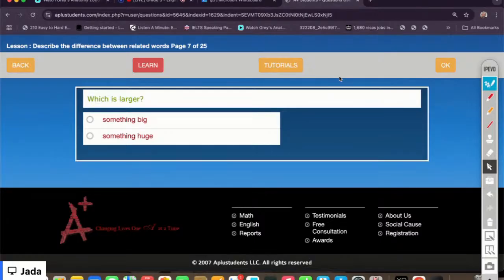Which one is the larger one? So larger is something huge.